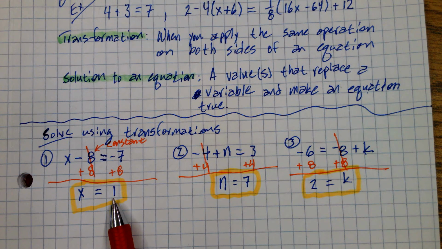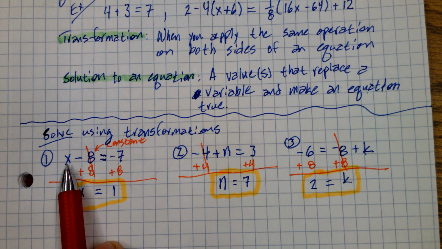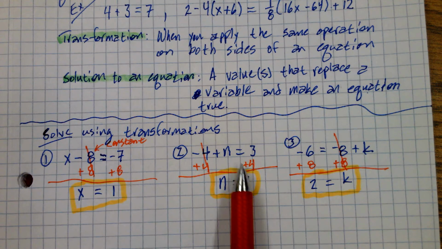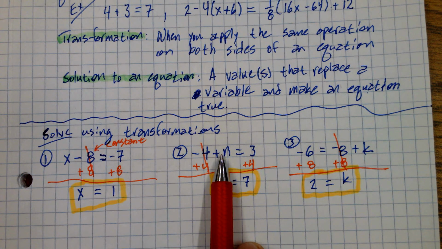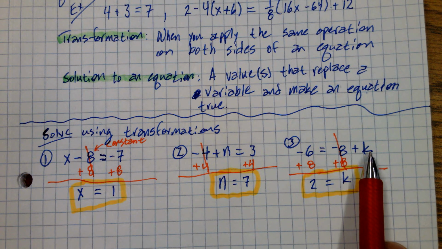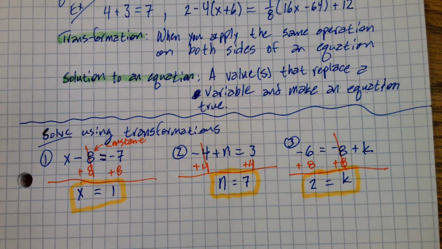And the other thing is, what if I go back and replace x with 1? What's 1 take away 8? What's negative 4 plus 7? What's negative 8 plus 2? Negative 6. You can always go back and replace it to tell.